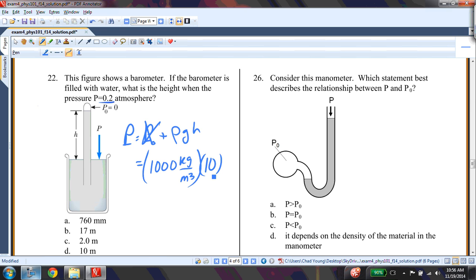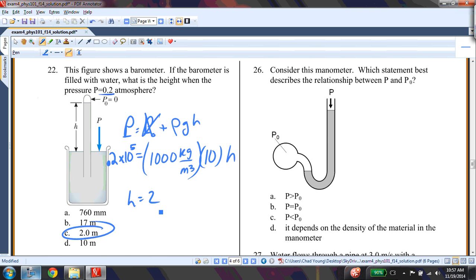And h is what I'm looking for. P over here is 0.2 atmospheres. You have to convert that to pascals. 1 atmosphere is 1 times 10 to the 5th, so that's 0.2 times 10 to the 5th. 20,000 divided by 10,000 is 2 meters. So h equals 2. So number 22 is C.